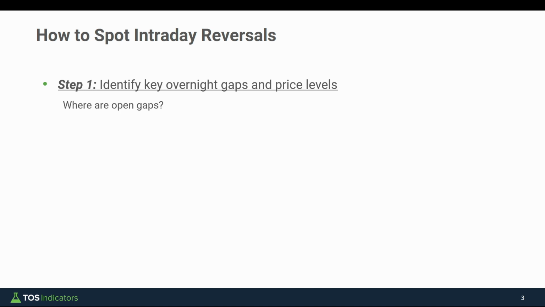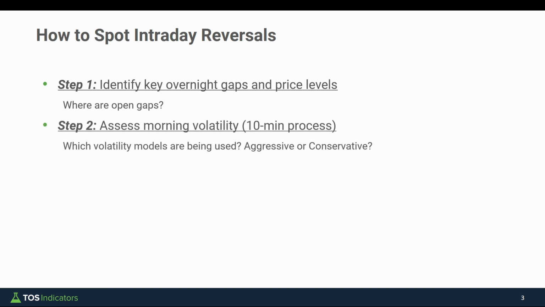Once you've done that, you can move on to step number 2, which is to assess the morning volatility. Now I'll leave a link to a simple 10-minute process that you can follow every single morning, which will make assessing morning volatility very easy. You can very quickly gather, do we have low morning volatility or high morning volatility?